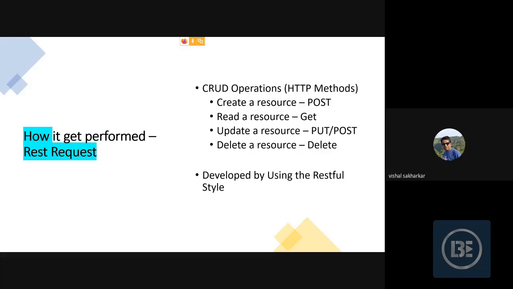These operations are performed with HTTP methods like post, get, put, and delete. To create a resource, they use the post method. To read a resource, and for unit testing like things, they check it with the get method.